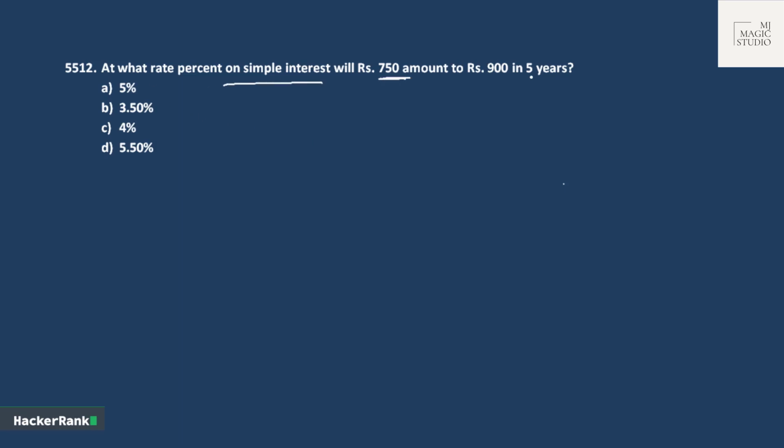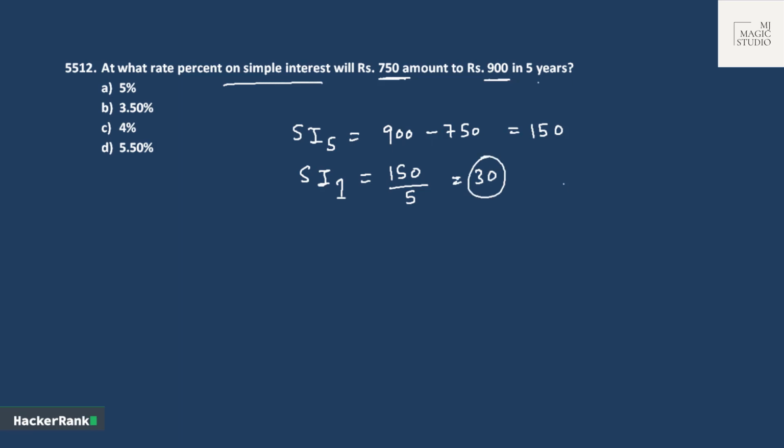At what rate percent on simple interest will rupees 750 amount to 900 in 5 years? So simple interest gathered in 5 years is 900 minus 750, that is 150. That means simple interest for 1 year is 150 by 5, rupees 30.